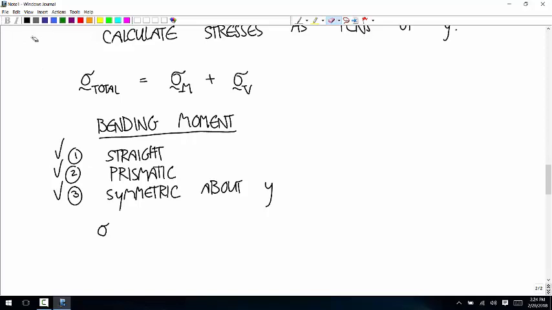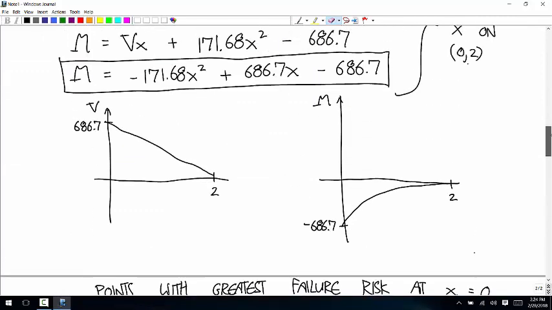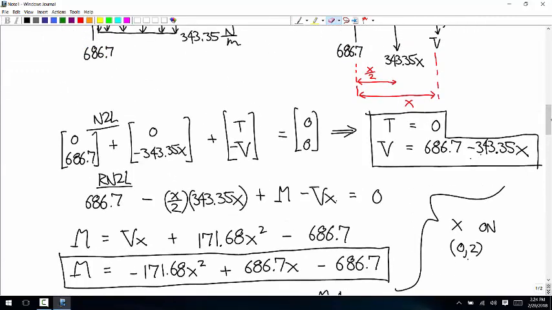Well, we're always going to use the same coordinate system. So, technically, if the coordinate system is drawn differently, yeah, but let's just always draw it the same.